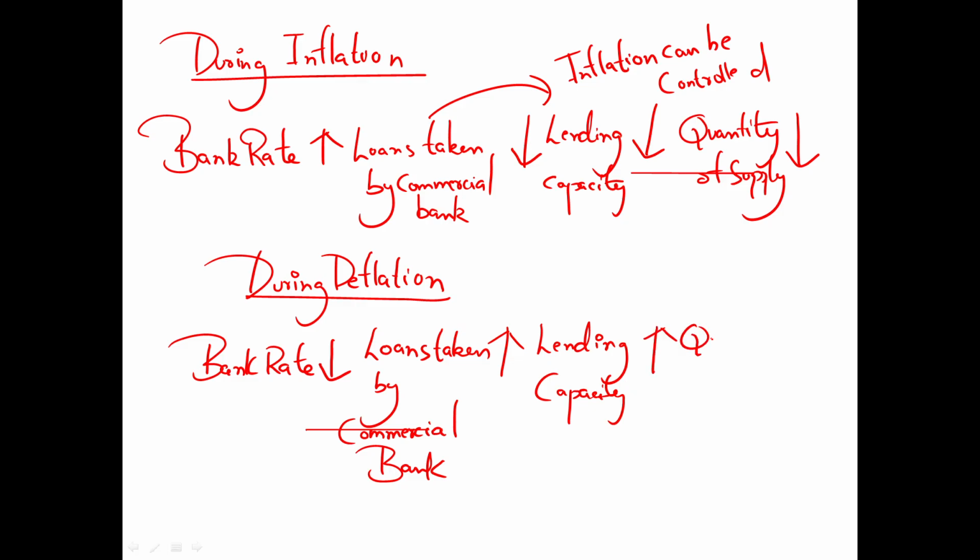As a result, the quantity of money supply increases. So this is how deflation can also be controlled. This is actually a very cyclic process, and this is what happens with bank rates. And this is true for all the rates, whether it's repo rate, reverse repo rate, or any other facility. During inflation and deflation, RBI fixes the rates so that they can control credit.